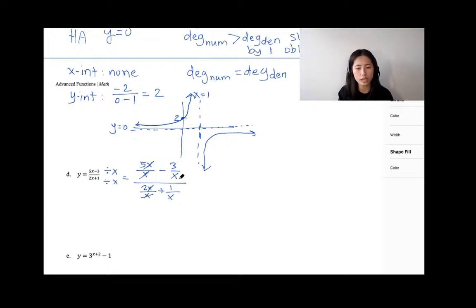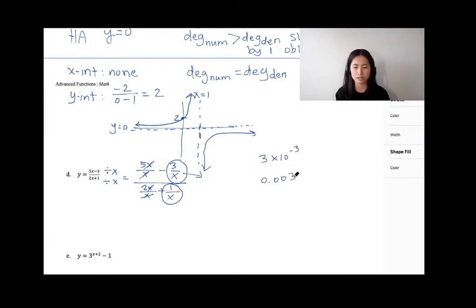Okay, so when you look at 3 over x and 1 over x, you're going to notice that if you're looking at the end behavior, and x is any large number, and you plug in, let's say, 3 over 1000, you're going to see that this is approaching 0, because 3 over 1000 is 3 times 10 to the negative 3, which is 0.003.